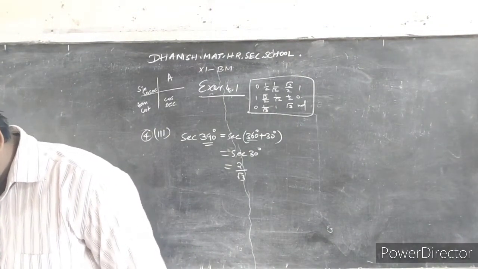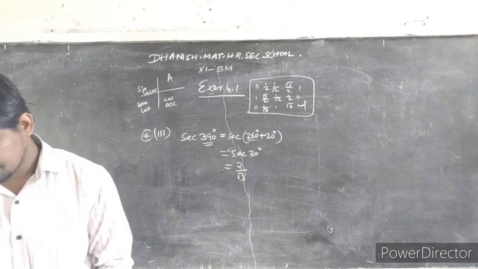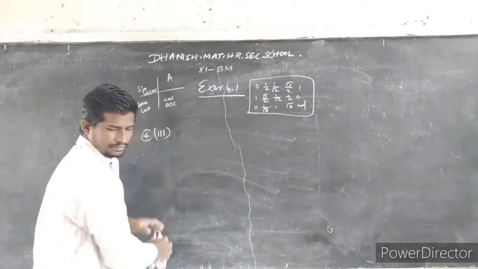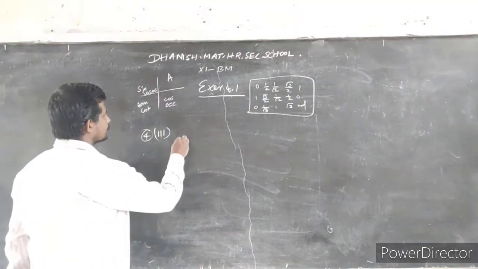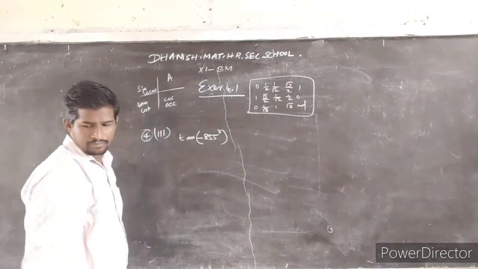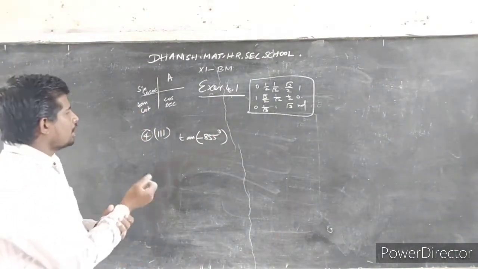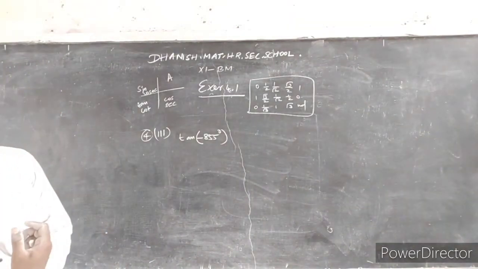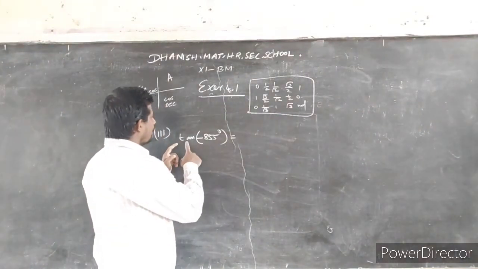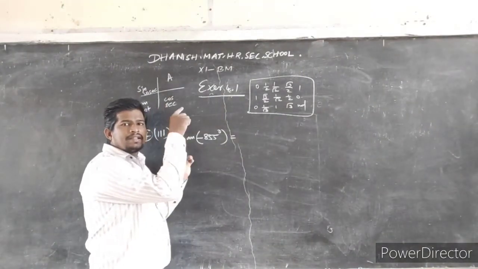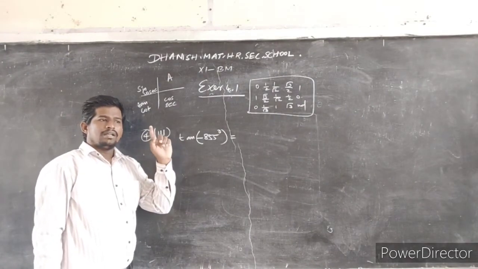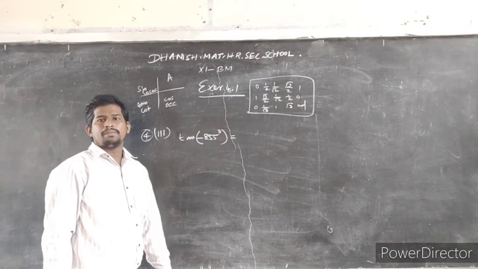Then fourth one. Now look at the fourth one. Here we will use the result cot of minus theta equals minus cot theta, as well as tan of minus theta equals minus tan theta.